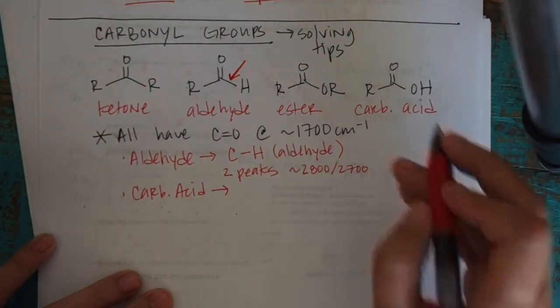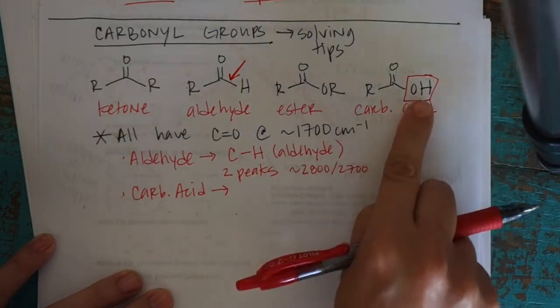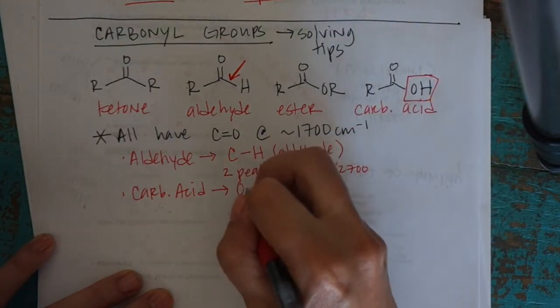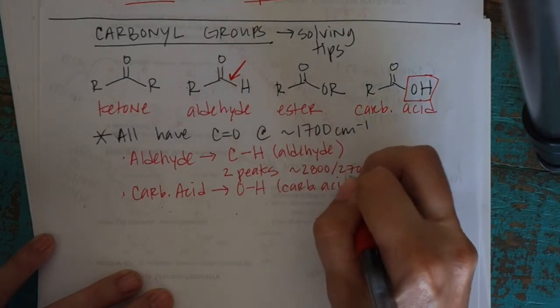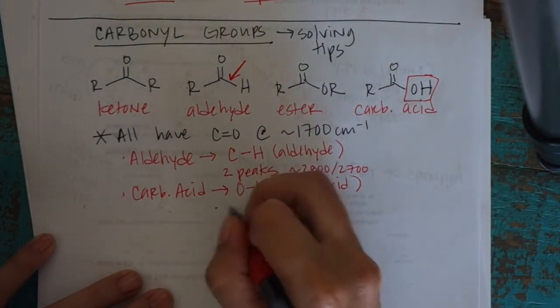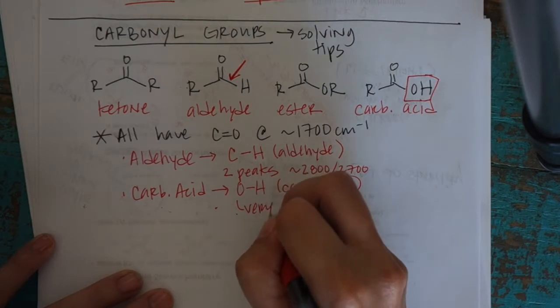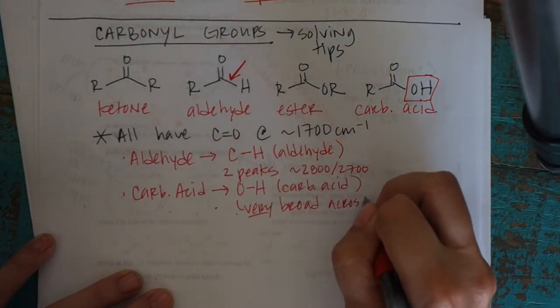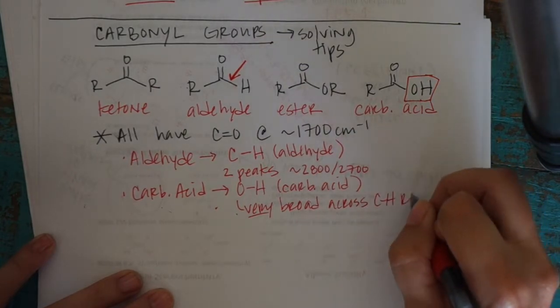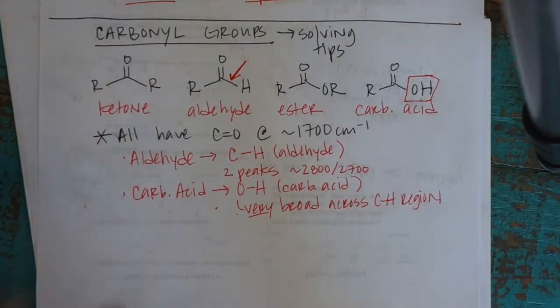The other one that's easy to spot that we've already talked about is the carboxylic acid, because it also has the OH group. That's the OH from the carboxylic acid, and it's going to be very, very broad. It goes across the CH region. Bringing back one of our previous examples, in our sample spectra, that's number 6.